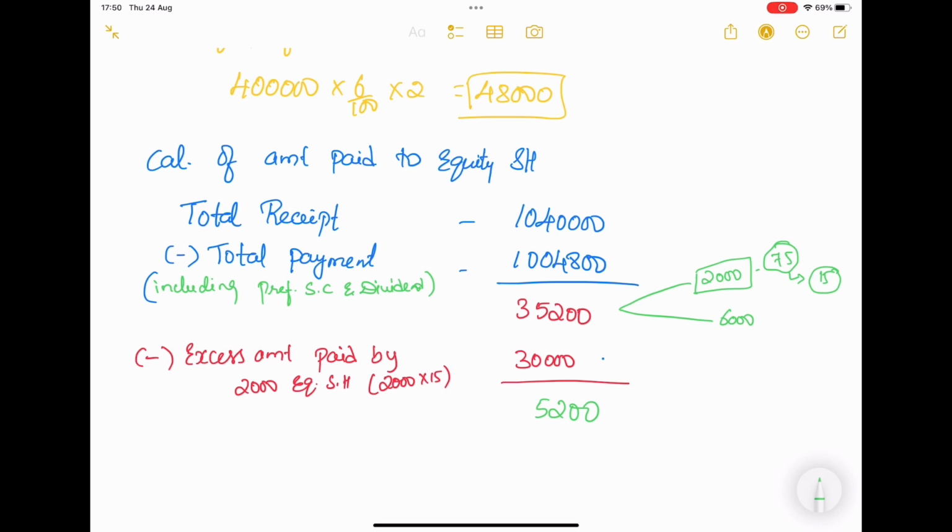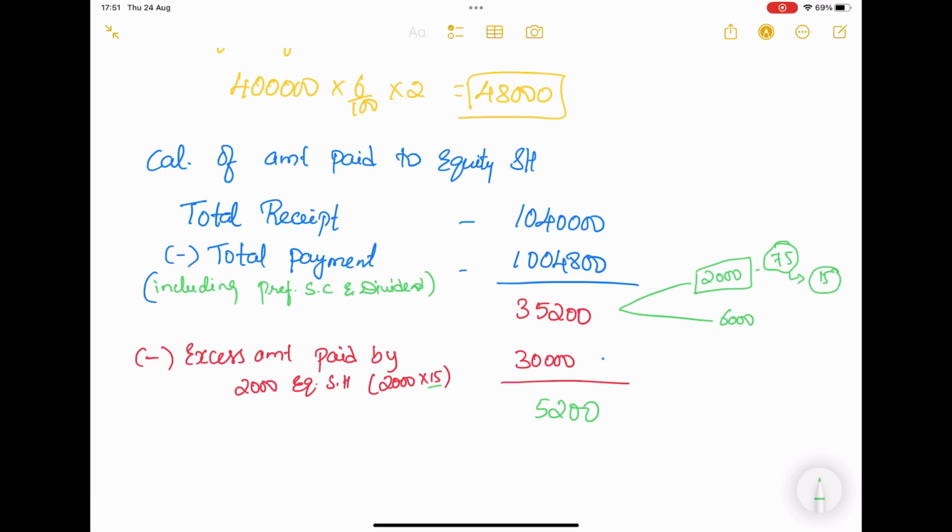So in an orderly manner we are going to pay. That's why first we are going to pay the shareholders who hold 2,000 shares. So I am paying only 15 rupees, 2,000 into 15. This 5,200 is considered as the excess amount.